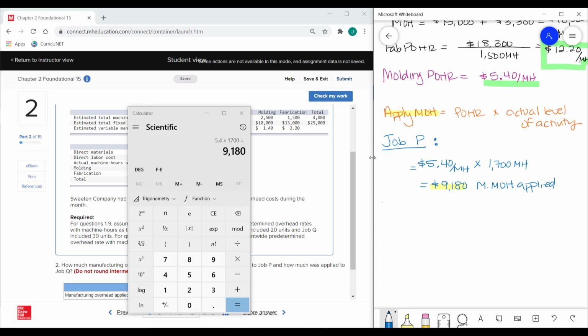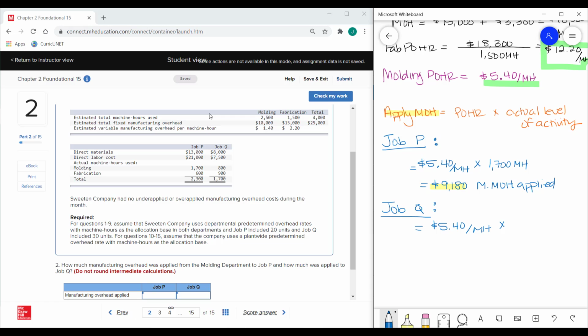And we'll do the same for job Q. Again, start with the molding department pour, $5.40 per machine hour. But now we're going to see how many hours job Q actually used within the molding department. Job Q actually used 800 hours within the molding department.